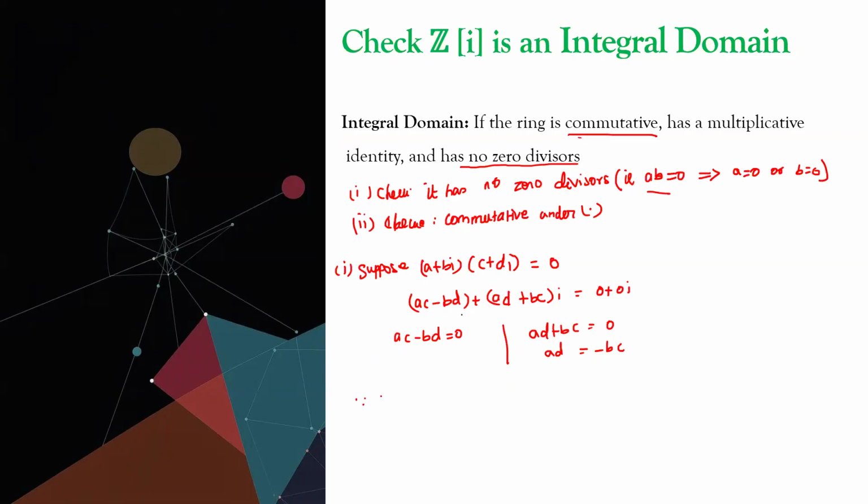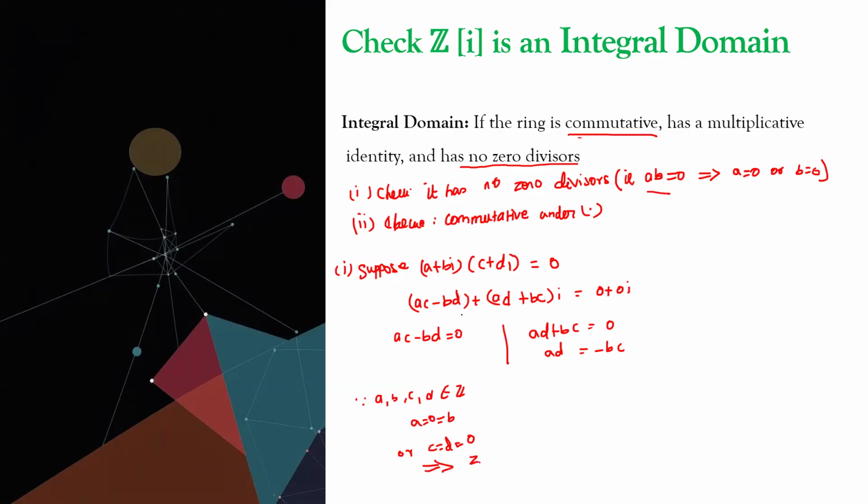Since A, B, C, D are integers, the only integer solution satisfying both the equations are when either A equal to 0, B equal to 0 or C equal to D equal to 0.